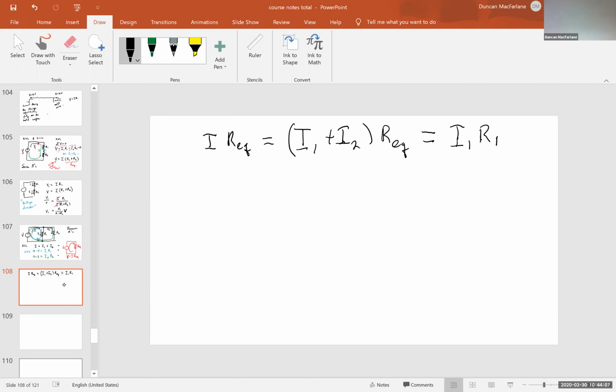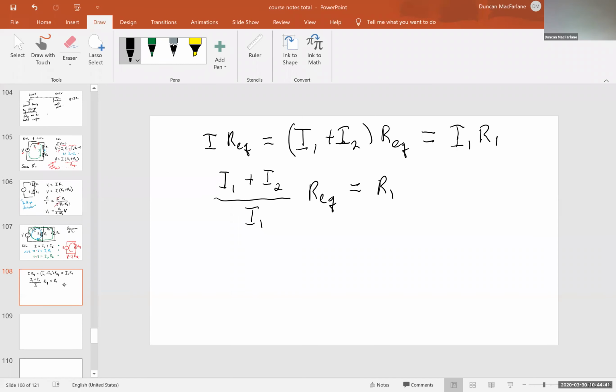Now the math is going to be a little bit weird. So I'm going to divide by I1. This quantity, I1 plus I2 over I1, is dimensionless.